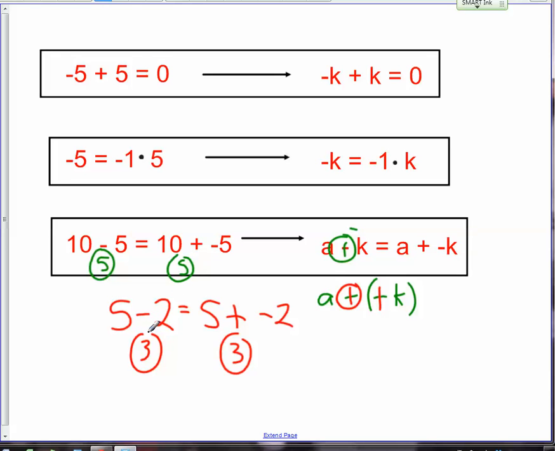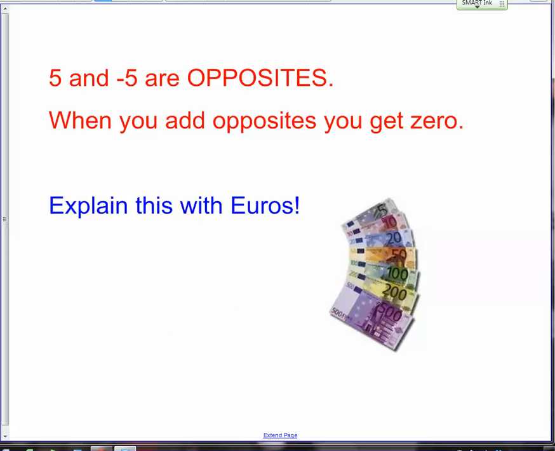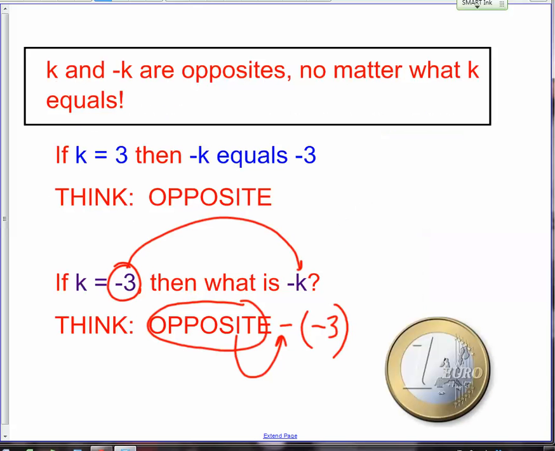Just like 5 minus 2 is 3, and 5 plus a -2 is also 3. So a minus k becomes a plus the opposite of k. And we've been working actually with that for a while. And then I had you give me some different examples with money, like debts and money that you had in your pocket, and when they're the opposites, you pay off your debt and you end up with 0.